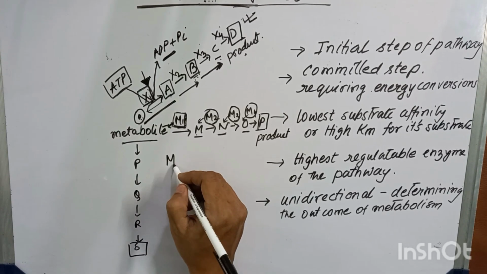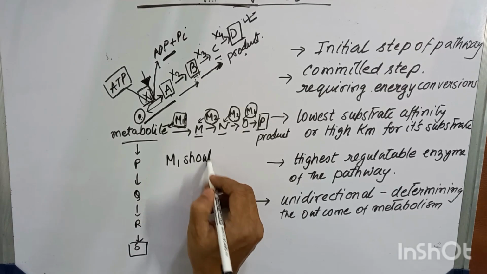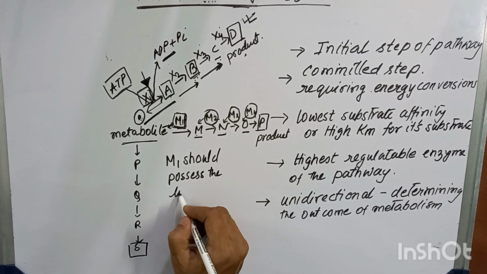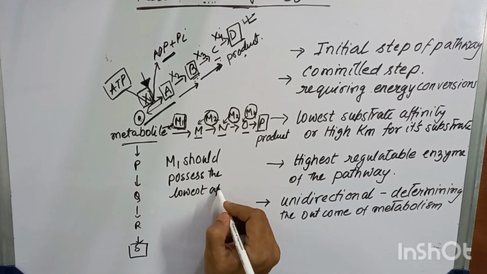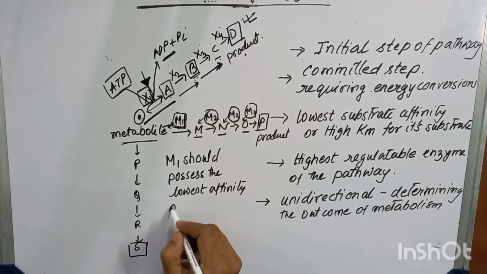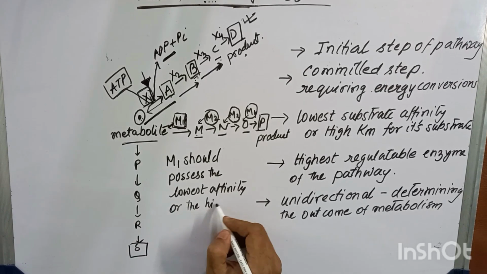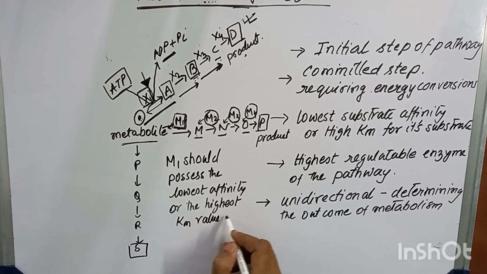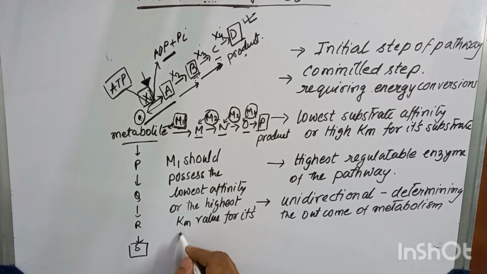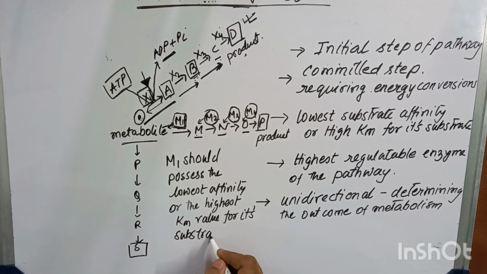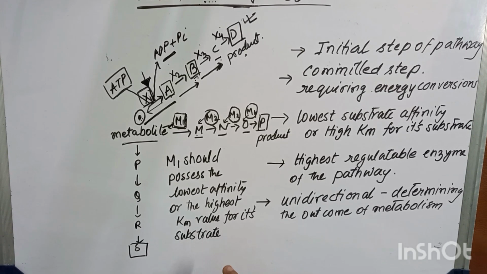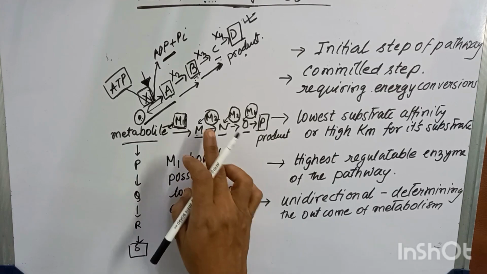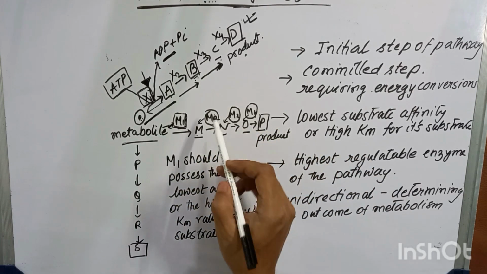That means M1 should possess the lowest affinity or the highest Km value for its substrate in respect to the other downstream affinities for their individual substrates.